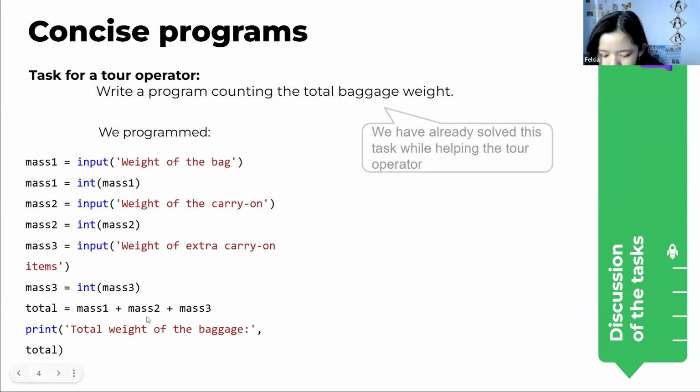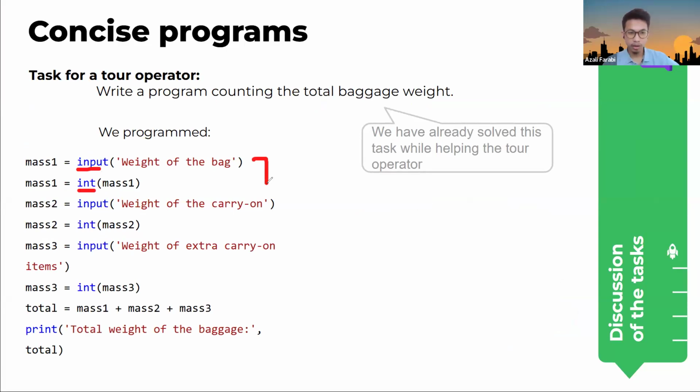Yes. Okay, so before we learn about this, when we learned about the input function and the int function, we did the conversion. I mean, we changed the data type with this command.